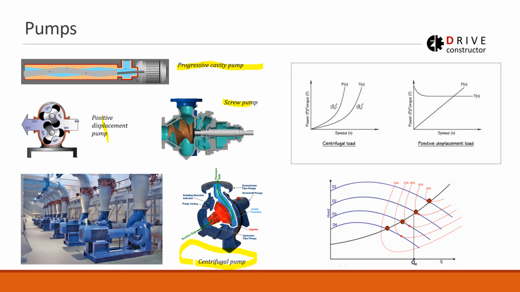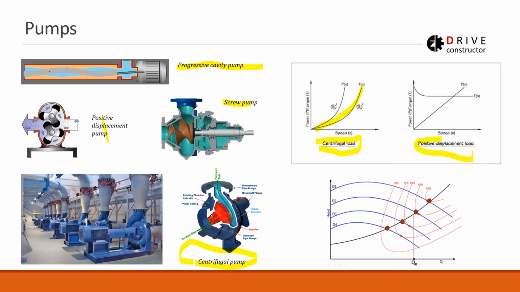But when we come to industry, like chemical industry, oil industry, and so on, then we will meet more and more different variants or types of pumps. What is important to remember is that the load curves for pumps may be different. So this is a centrifugal pump, and this is a positive displacement pump.